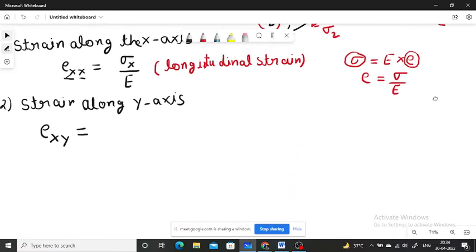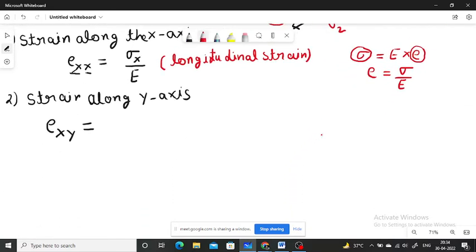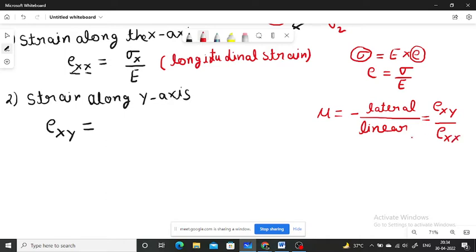So here we use the Poisson's ratio mu is equal to minus lateral strain upon linear strain or longitudinal strain. Here lateral strain is Exy and longitudinal strain or linear strain is Exx.